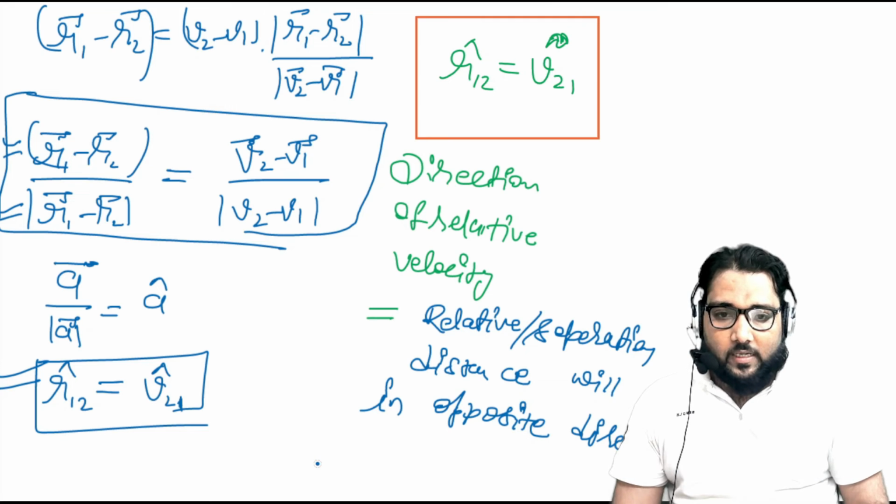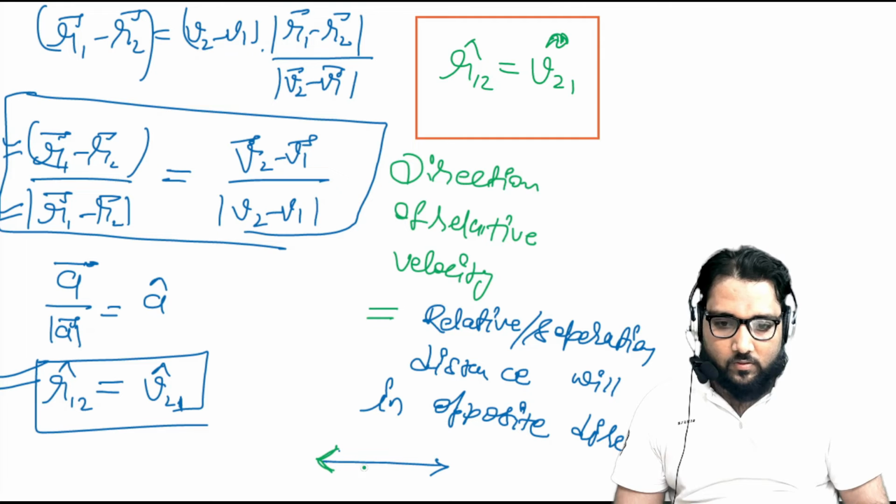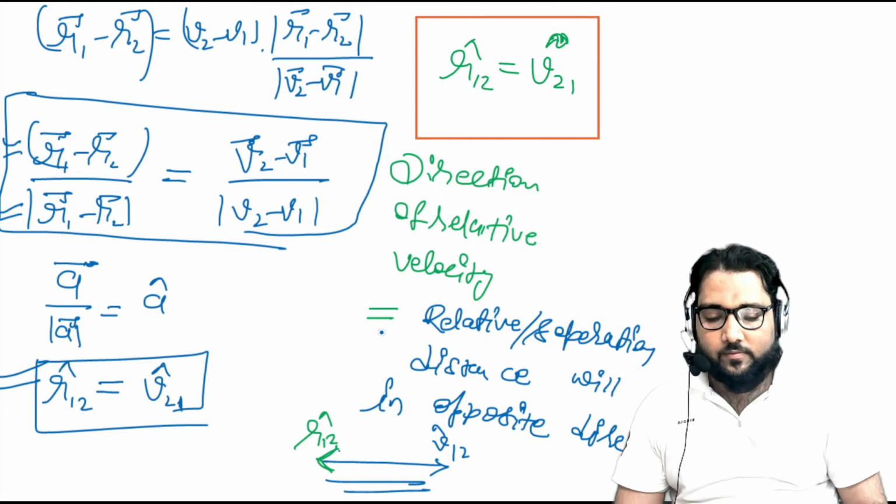So what it means, guys, suppose that the relative velocity is in this direction, then their relative position will be in this direction. Same. So this is the r12 cap or this is the v12 cap. Is it okay, guys?